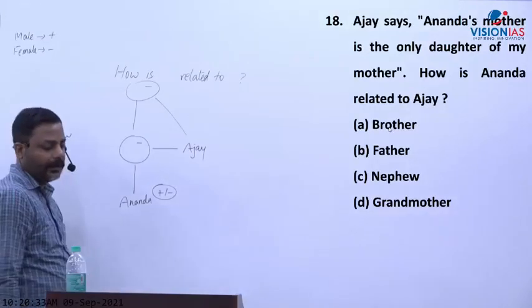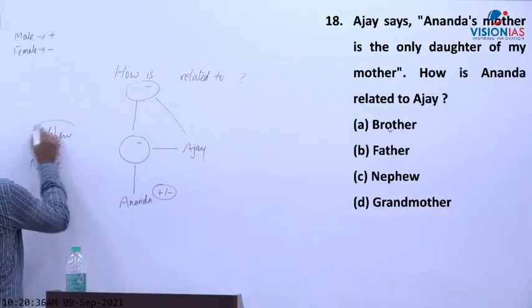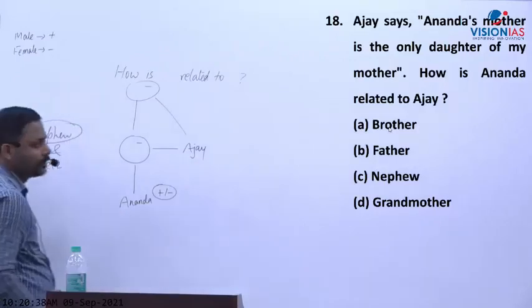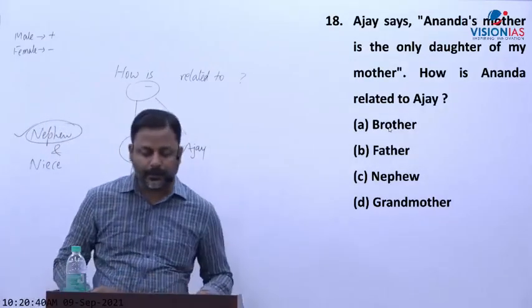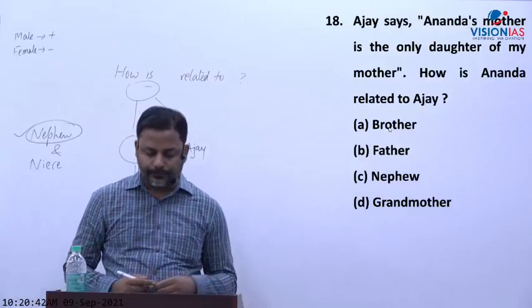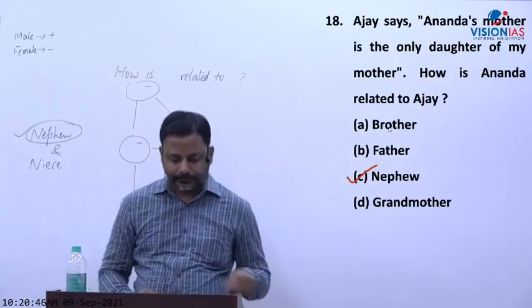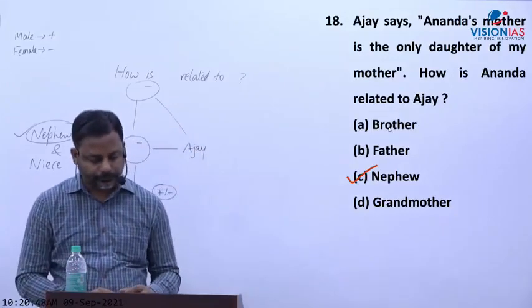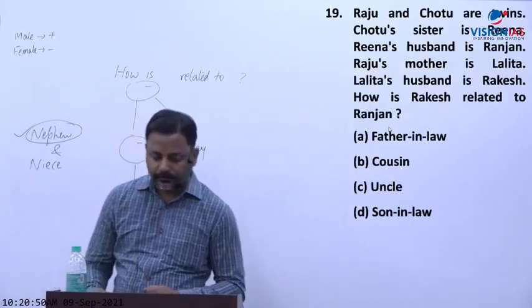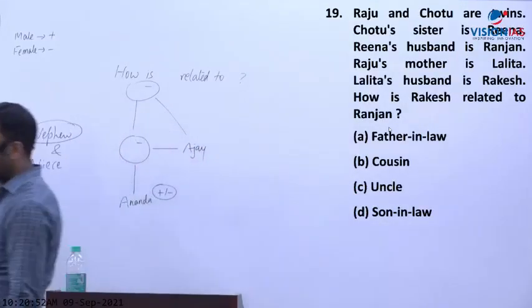We find only one of these relations in the options, so we will go for nephew, meaning option C. Okay, next, question number 19.